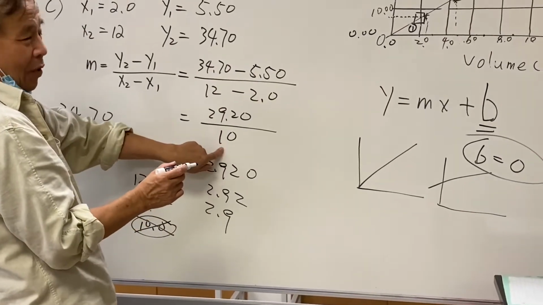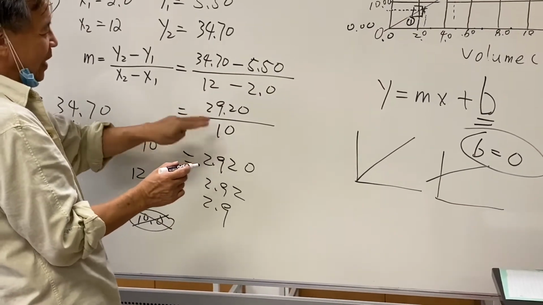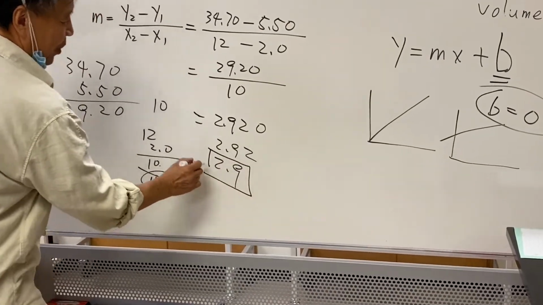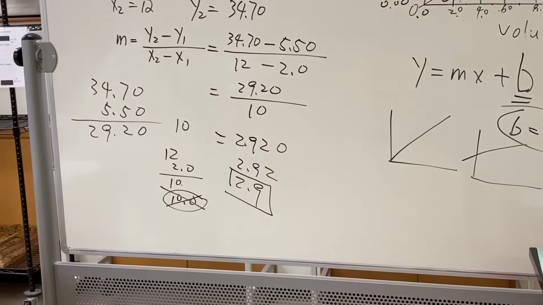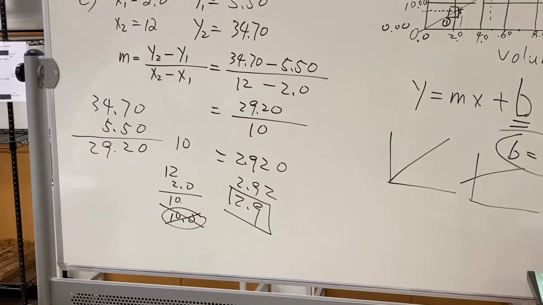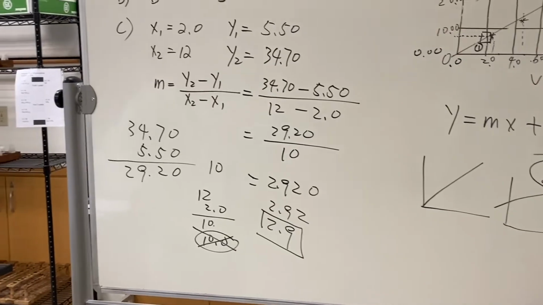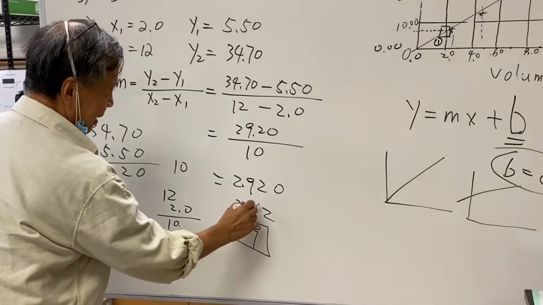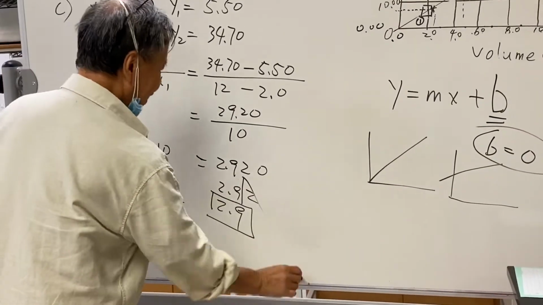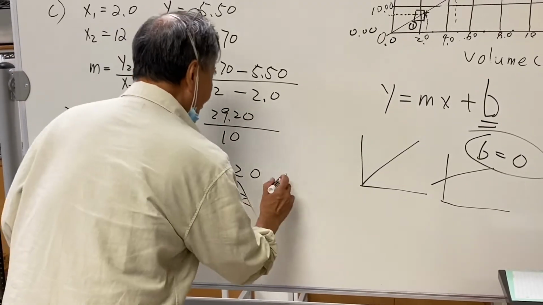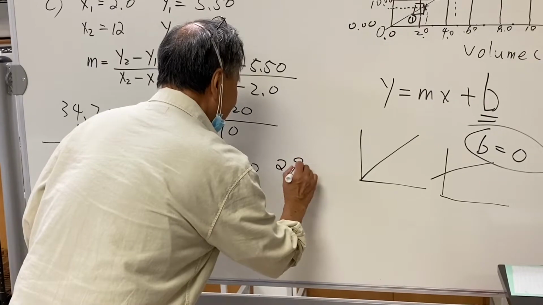Therefore, 2 is less than 4, so you can only have 2.9, not a 2.920 or a 2.92, but a 2.9. Because this is how you eliminate it. Very good.